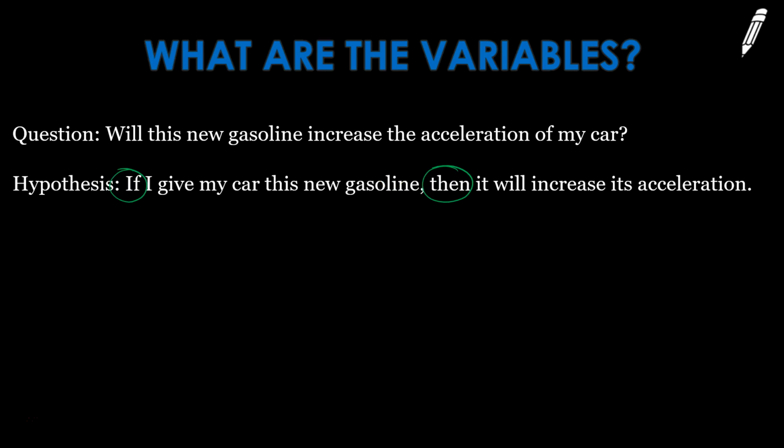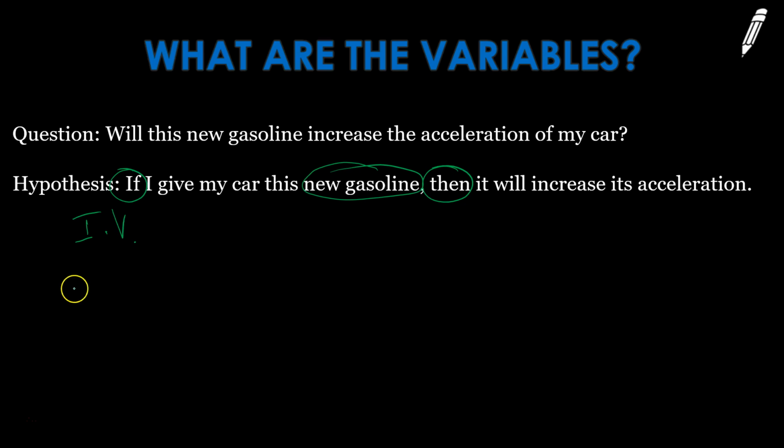Now we need to identify the two variables. The independent variable, I'm going to abbreviate it IV. The independent variable is whatever I'm experimenting with. So based on this hypothesis, what will I be experimenting with? I'm going to be testing a new gasoline. Okay.